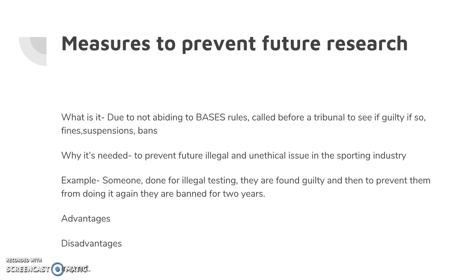So the advantages are that we can trust research. If these people have been prosecuted, then other researchers will have been prosecuted and we can trust. Good researchers can get back on track.